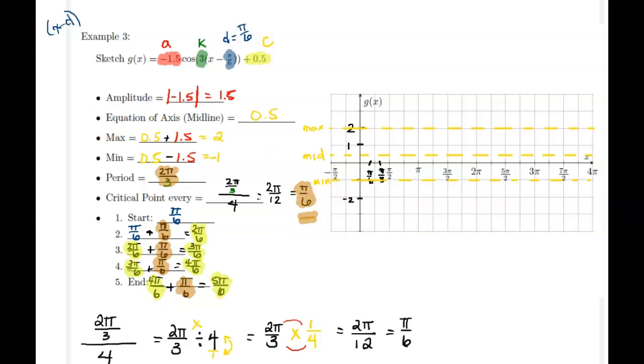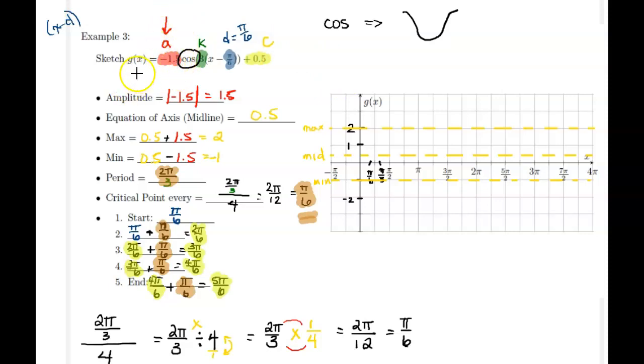Next up, I need to try and figure out what this is going to look like, so what shape this is going to be. So I'm dealing with a cosine curve, okay, which typically we've seen so far to be something like that, right? But we've got a little bit of a change here because my a value is negative.